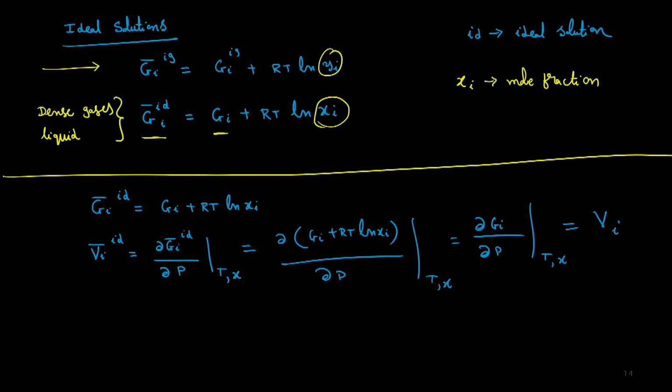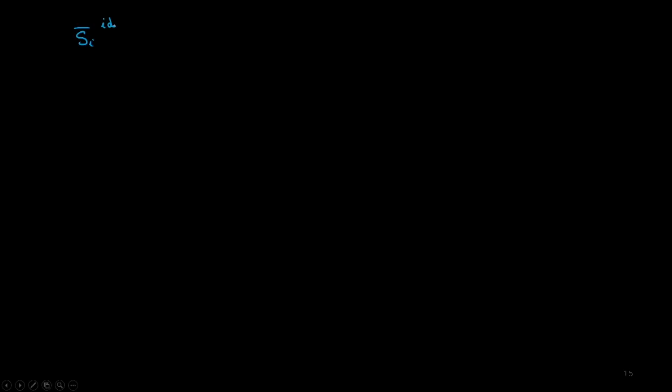Now, notice that this molar volume doesn't have to be ideal gas volume. It is whatever the molar volume for pure component i at that temperature and pressure is. Next thing we want to calculate is the partial molar entropy in an ideal solution, Si bar id. This is the derivative of the partial molar Gibbs free energy with respect to the temperature at constant P and x.